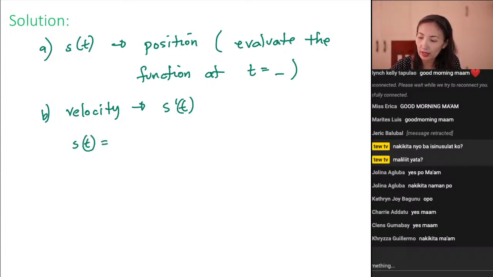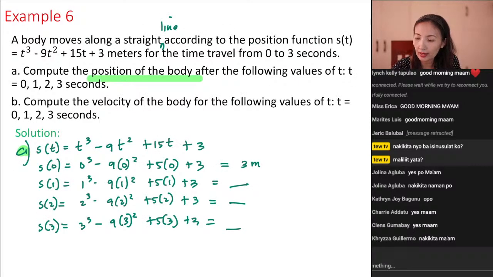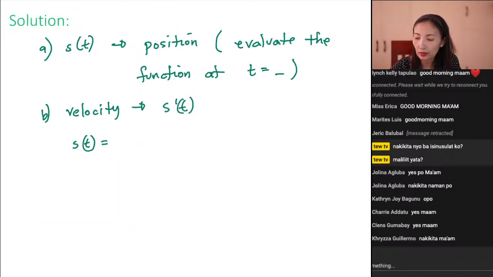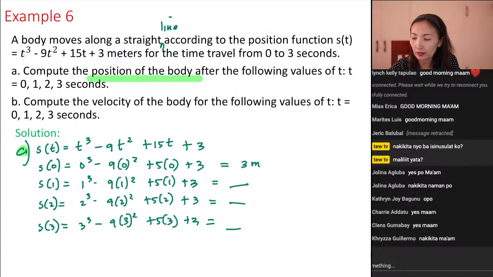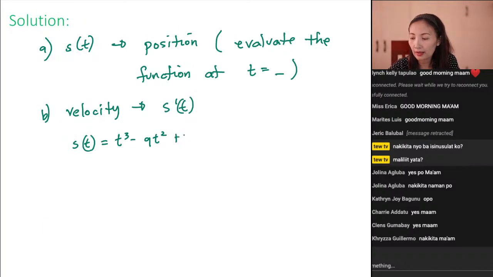Our function s of t is t cubed minus 9t squared plus 15t plus 3. So s prime of t, that is now the velocity, is equal to 3t squared minus 18t plus 15.